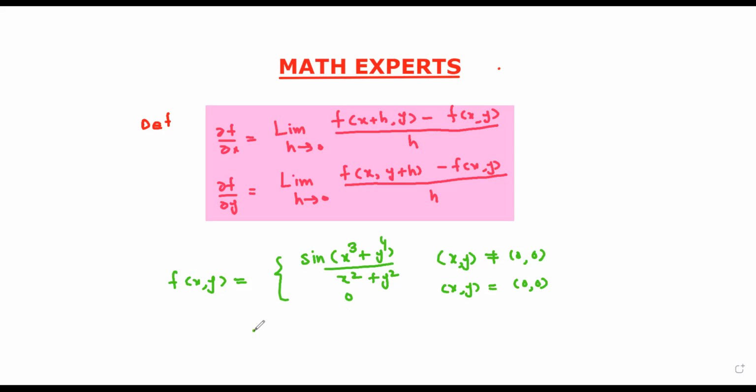Now we want to find partial f by partial x and partial f by partial y at the specified point (0, 0). First of all we compute partial f by partial x.